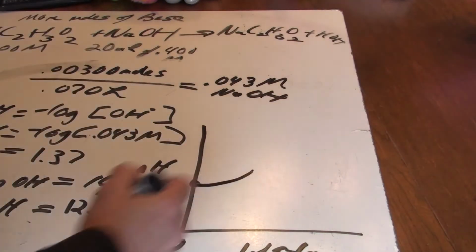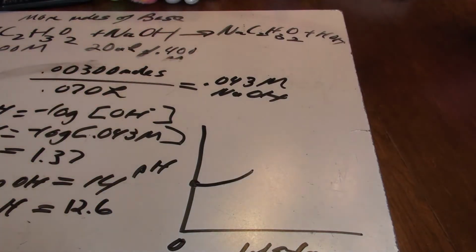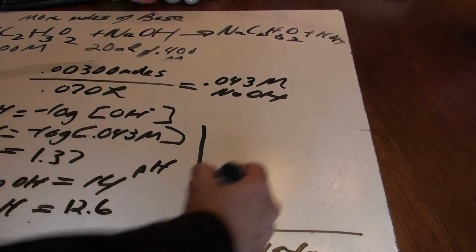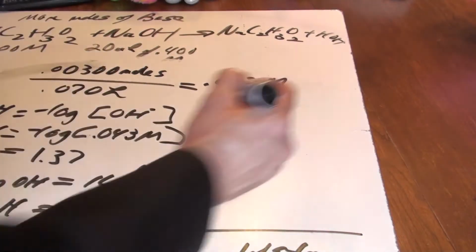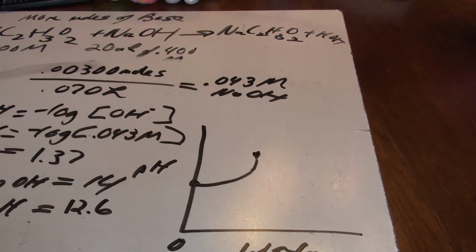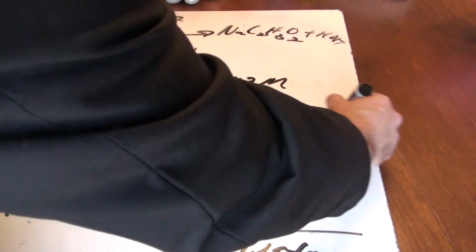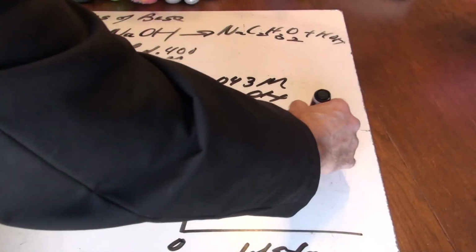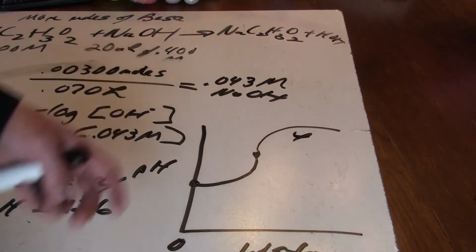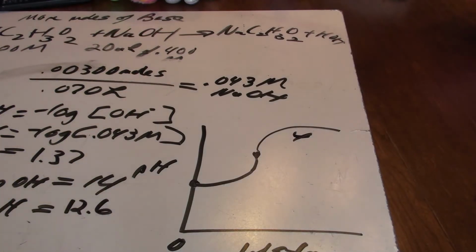When you're in this part of the curve, you have more acid than base, and so there's a different way of solving the problem, which we've already gone over in class. When you hit the equivalence point, you have an equal number of moles of acid and base. And what we just did is what you do when you're in that top curve in section 4. All you have to do is figure out how much of the strong base you have left over and plug that into the pOH to find out what your pH will be.